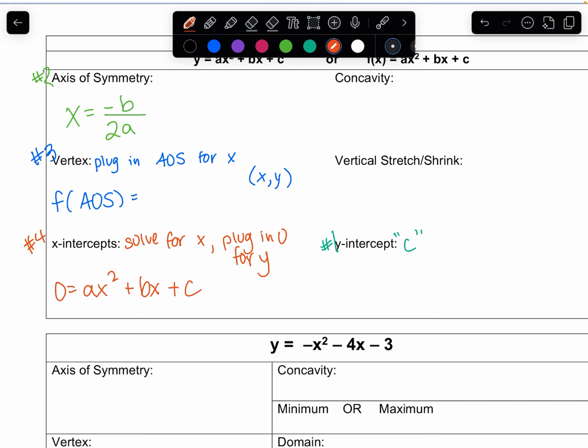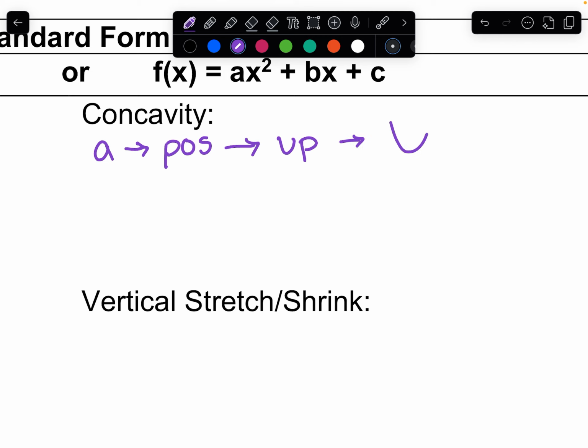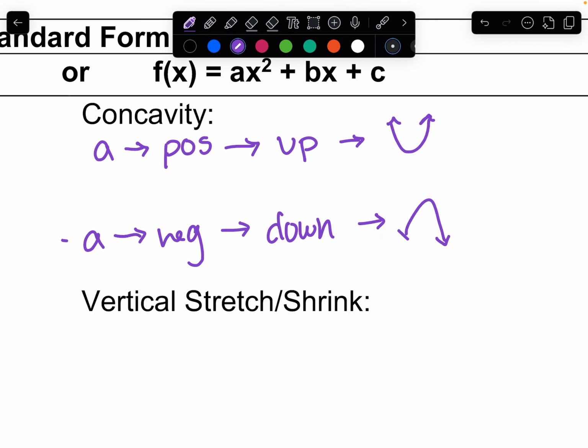And then our concavity and vertical stretch and shrink, these are all the same. If a is positive, it means it's concave up, which means it's a happy face. And if a is negative, it means it's concave down, which means it's a sad face.